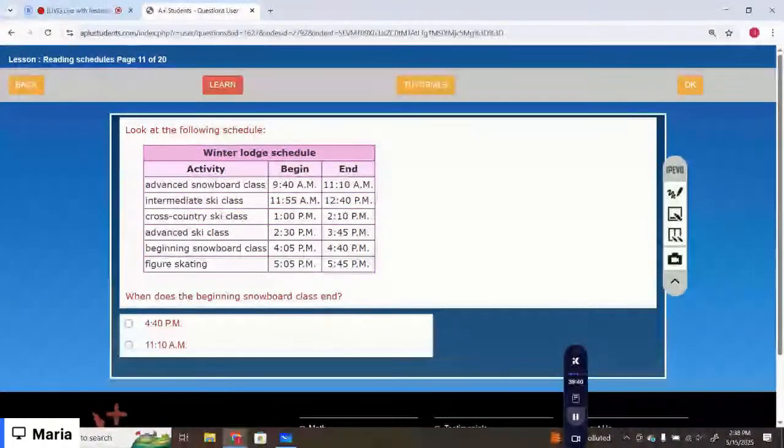Look at the following schedule. When does the beginning snowboard class end? It ends at 4:30. Option number one is the correct option.